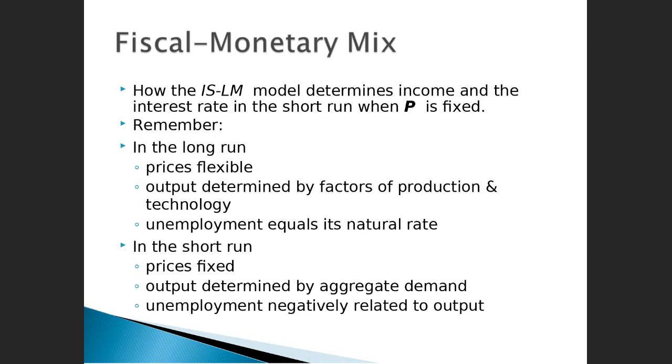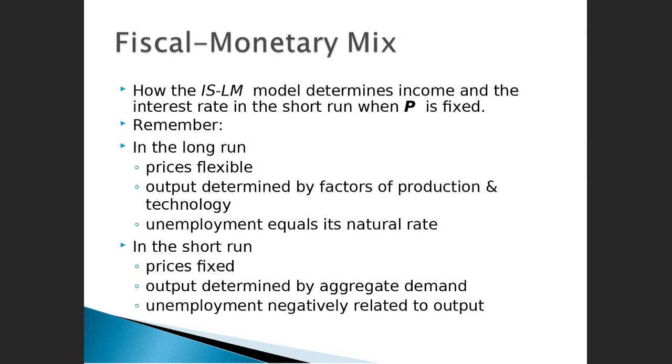Fiscal monetary mix is another interesting topic, and this theory is also known as the IS-LM model, right? It's a modern theory of interest as well, and the IS-LM model determines income and the interest rate in the short run, where price is fixed.